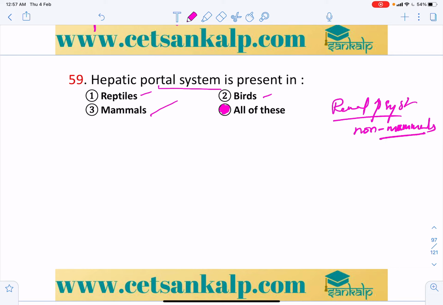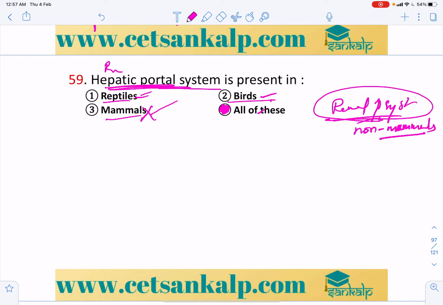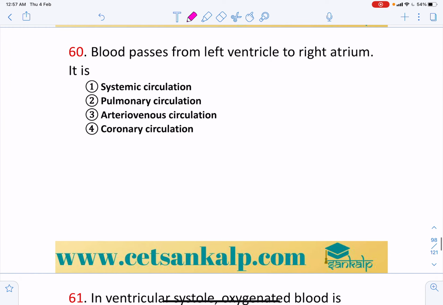It is absent in mammals. If they ask, the renal portal system is not present in mammals. Next, blood passes from left ventricle to right atrium.